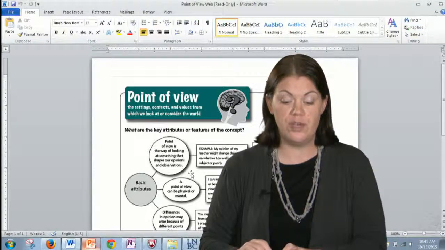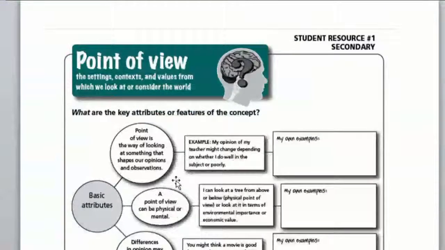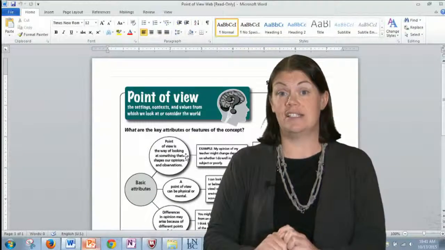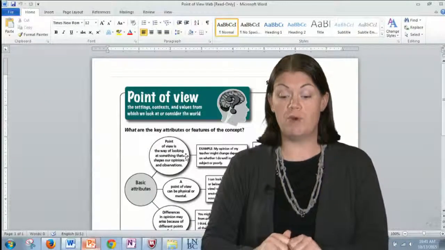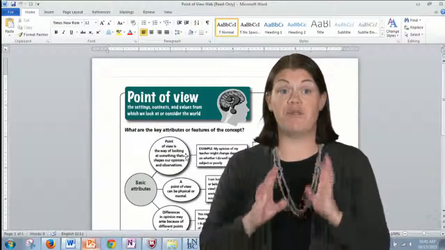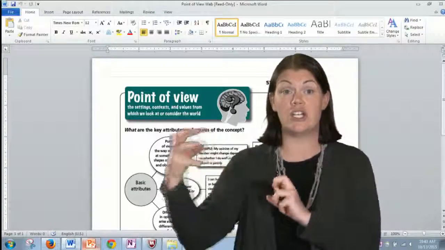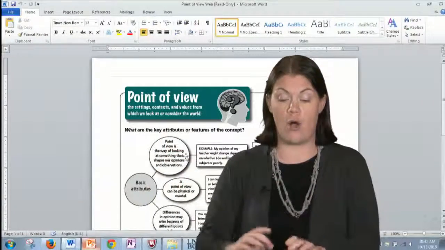So point of view is the way of looking at something that shapes our opinions and observations. And I believe one of you, I think it might have been Chloe, actually already mentioned this. So for sure, when we're looking at something from our point of view, that is what is going to shape our opinions and conclusions around that scenario.